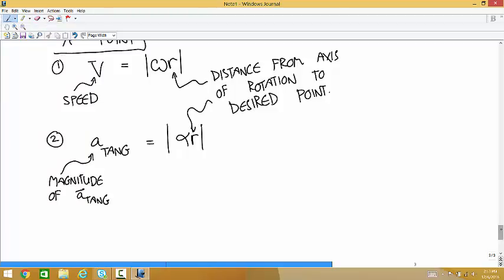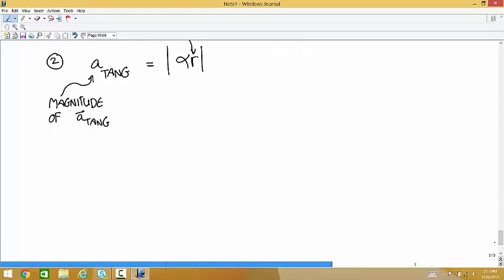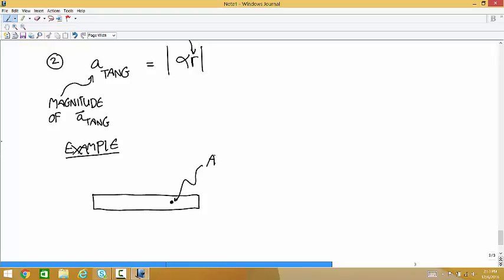Okay, so let's do an example. All right, so let's say we have that board. And it can spin freely around this pin. So that's the axis of rotation.